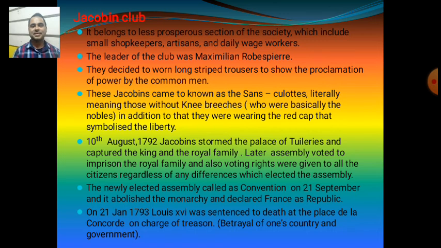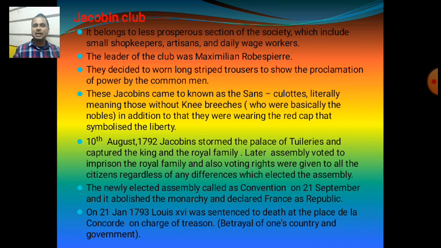Like that, only the royal families and their members were allowed to wear long trousers; the rest were not. So that's why, when the Jacobins came to power, to show their proclamation, they started to wear long striped trousers.